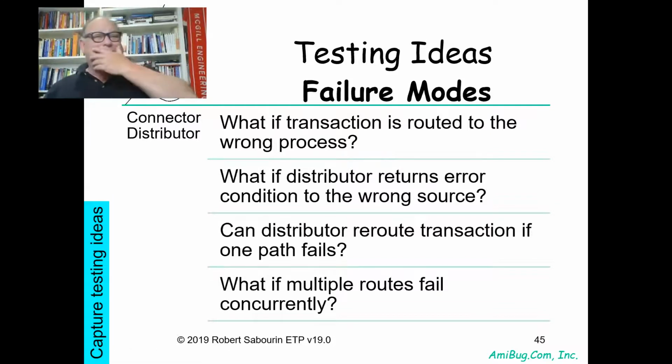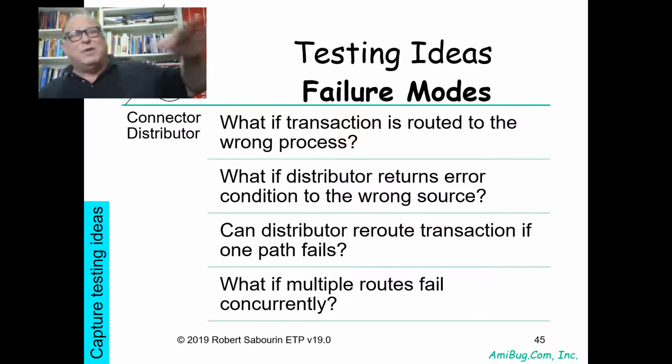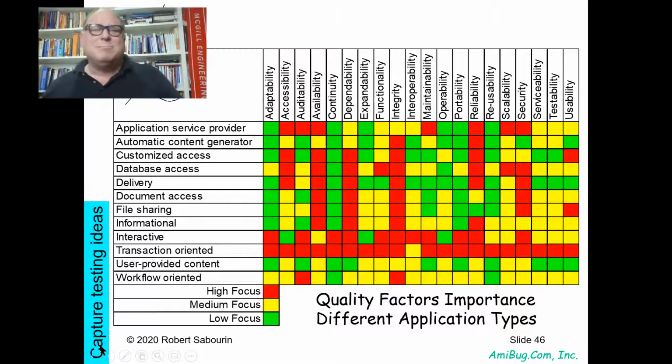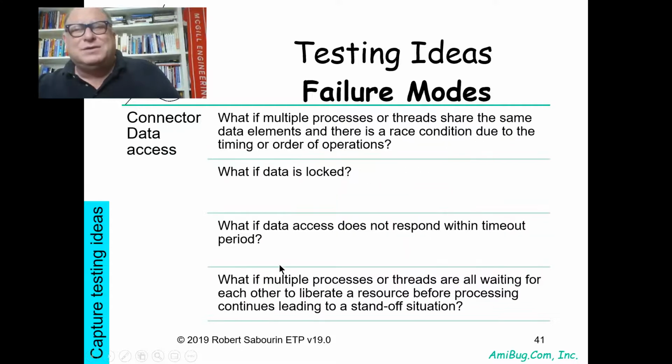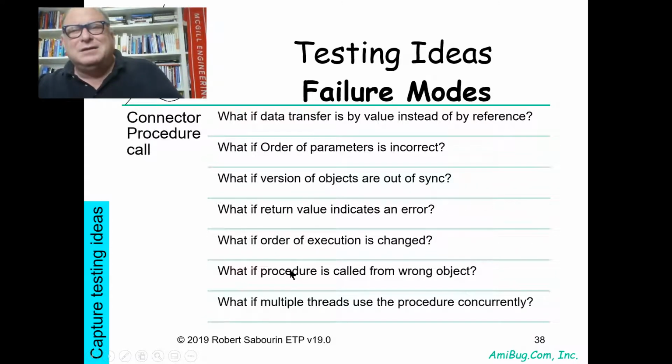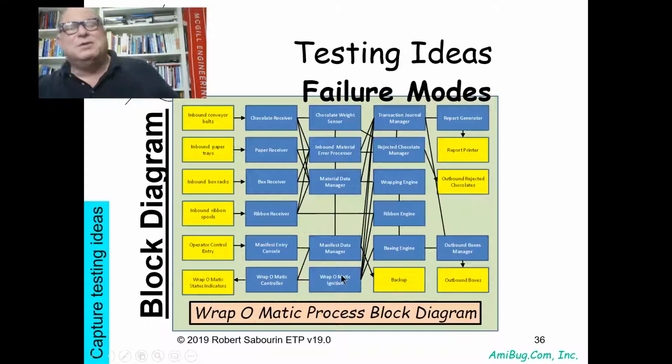Then there's maybe the way transactions are routed through the different process elements. There might be different pathways through it that are risky. Maybe one path is failing and another route might be available. So the study here always goes down to looking at the objects and the relationships between them and what can break.